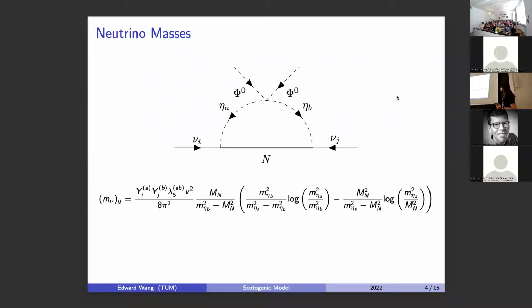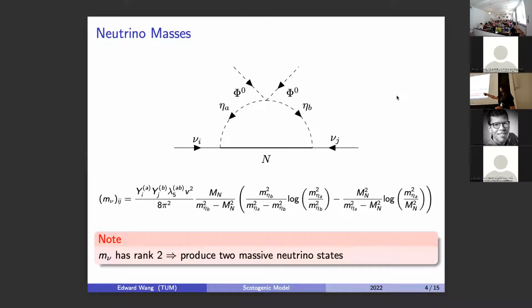What is also important to note is that, as I've mentioned before, we only have one Majorana fermion, but we have two scalar doublets, meaning that if we look at this mass matrix in more detail, we see that it has rank 2, meaning that, as I've said, we produce two massive neutrino states, which is the minimal scenario in order to explain the oscillation data.